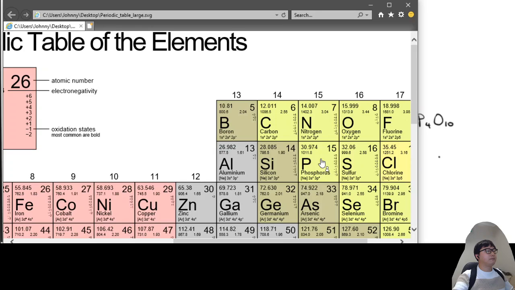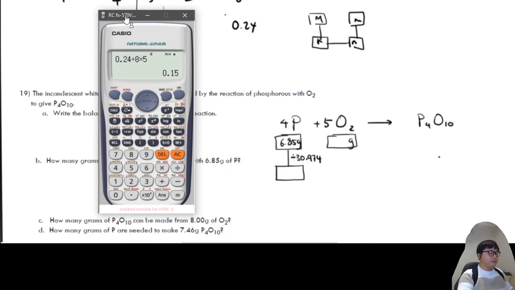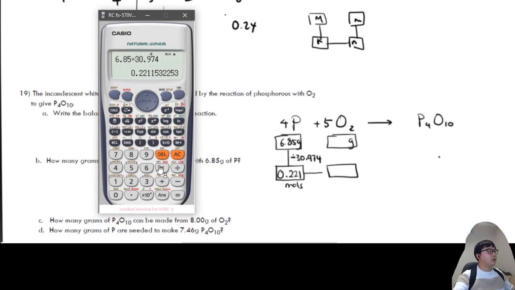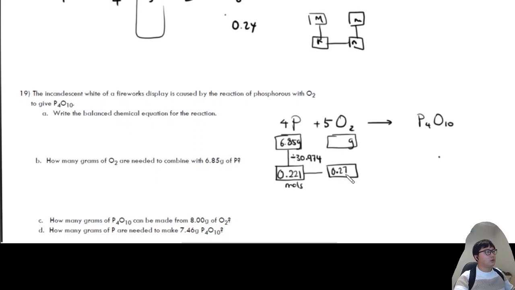So you divide 6.85 by 30.974, then you get 0.221 moles. And then you divide by 4 and then times by 5. Do you follow everything? Times by 5 on 4. Then you get 0.2764 moles.